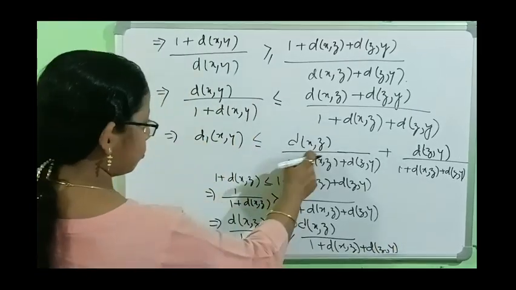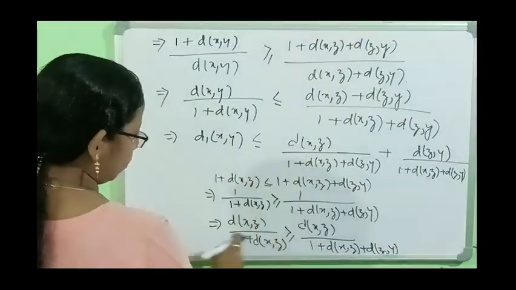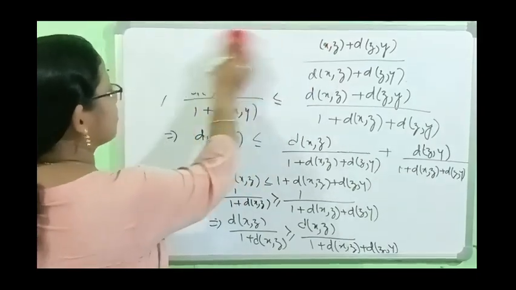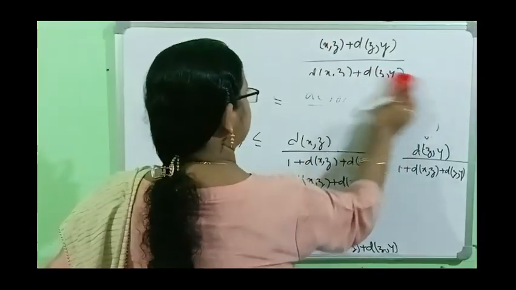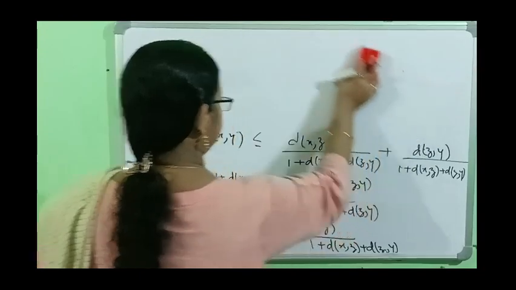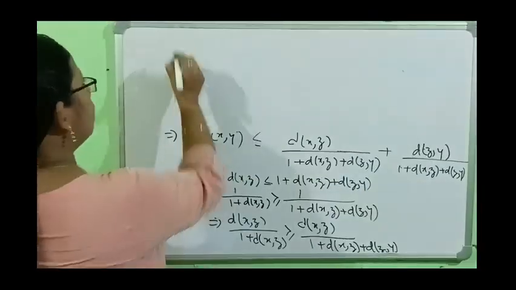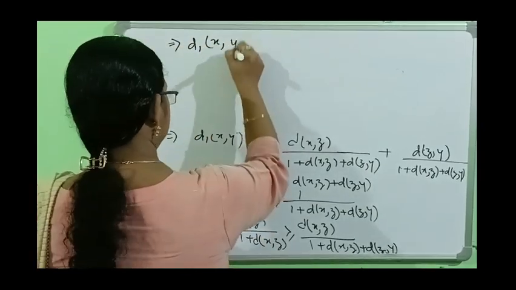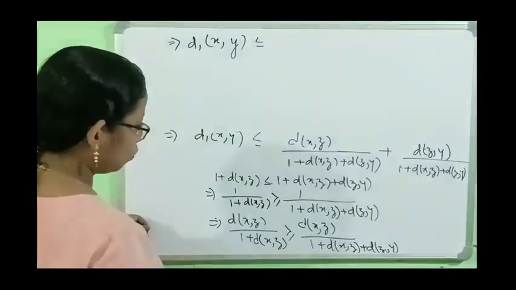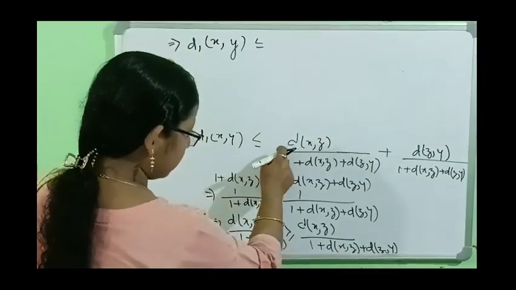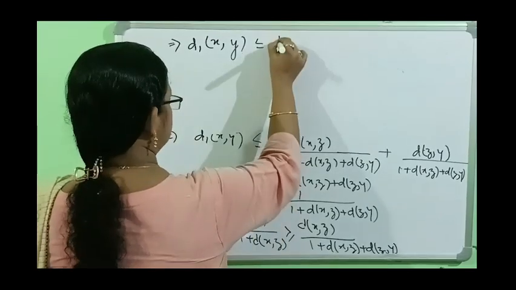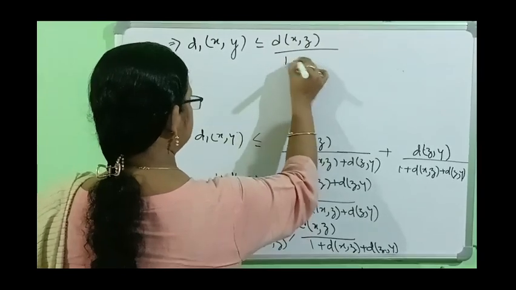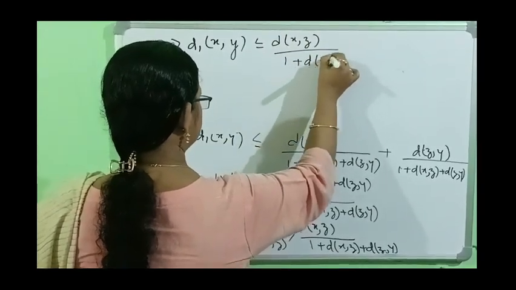So this is less than or equal to this term. That is, d1(x,y) is further less than or equal to this term, so I am writing this term in place of 1 plus d(x,z).